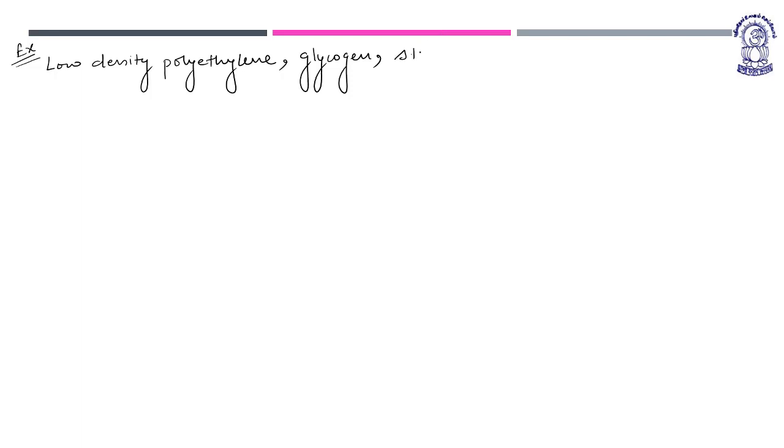They are all branched because they contain amylopectin. Then comes the third category, cross-linked polymers.